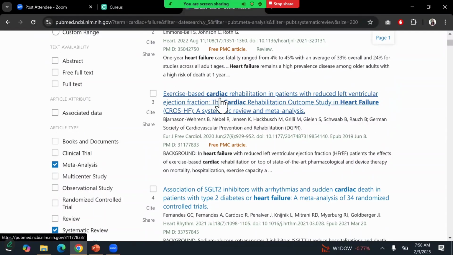Similarly, exercise-based cardiac rehab in patients with reduced left ventricular ejection fraction. The one concept of one disease that the article took is reduced left ventricular ejection fraction, and the second concept is exercise-based cardiac rehab. So, what is the effect of cardiac rehab in reduced left ventricular ejection fraction patients?